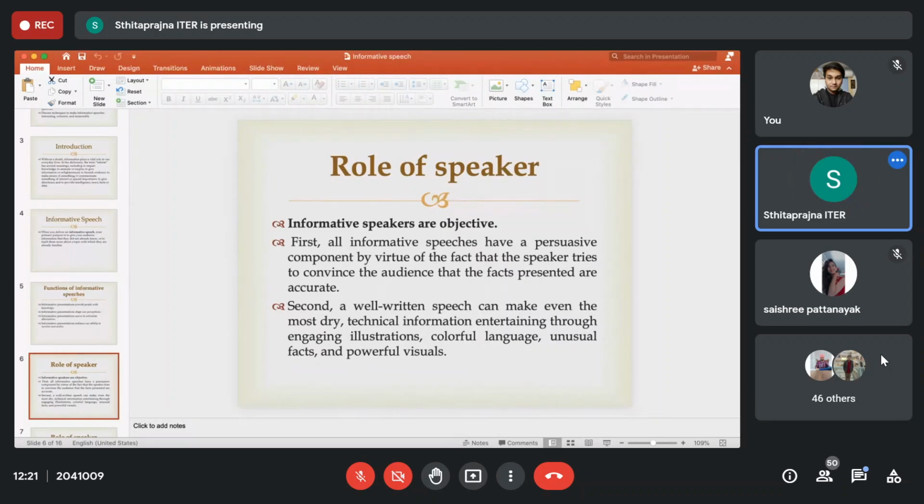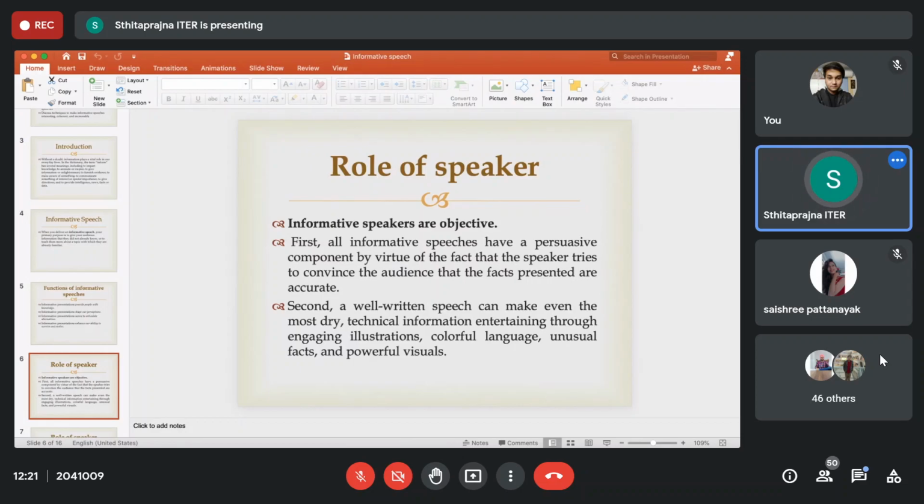Second, informative speech can be very dry. So you can make this entertaining through illustrations, vivid and colorful language, powerful visuals, or unusual facts.